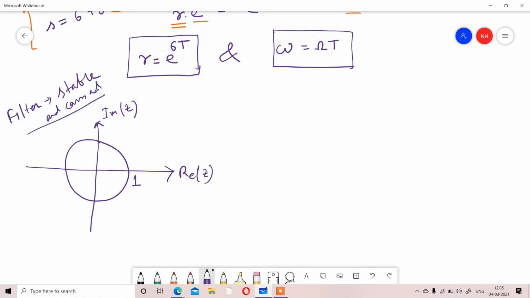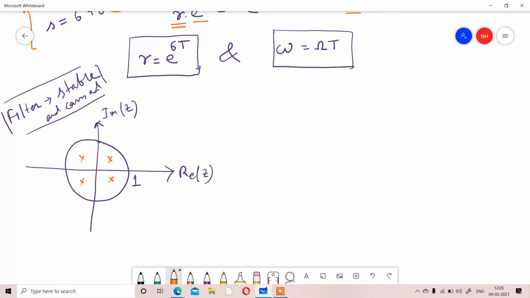So that property must be maintained by the filter, and all the poles must be inside the unit circle. Depending on those poles, your ROC will be created, so outside the poles, all values will be your ROC.